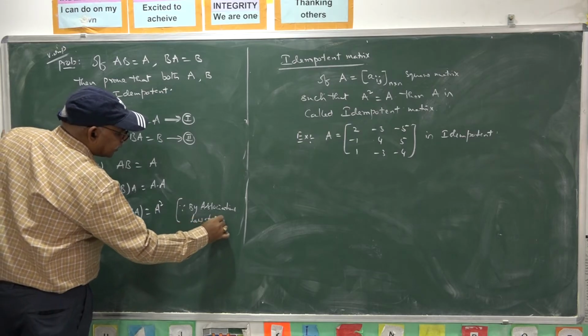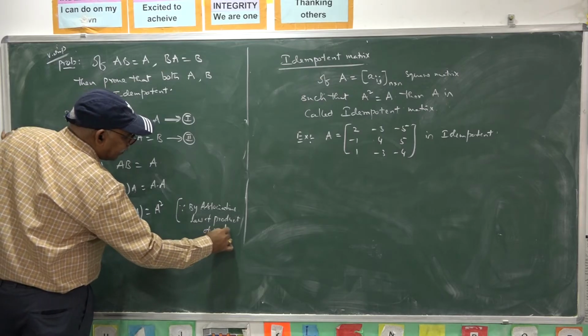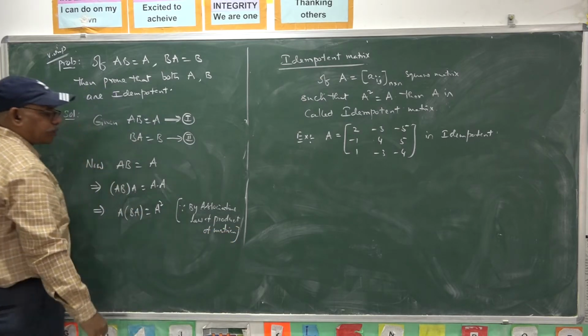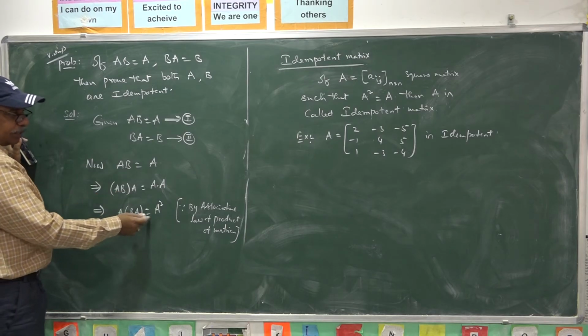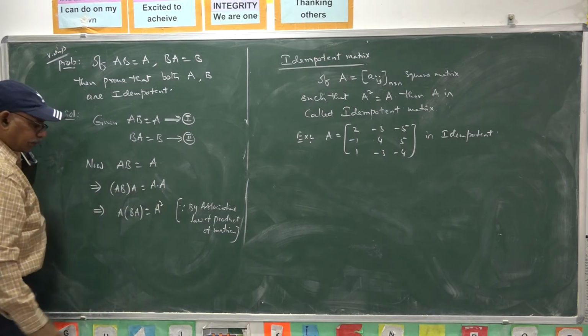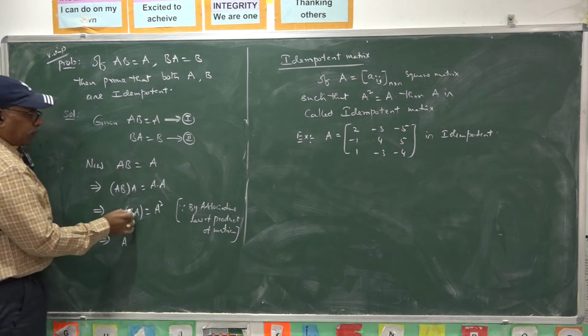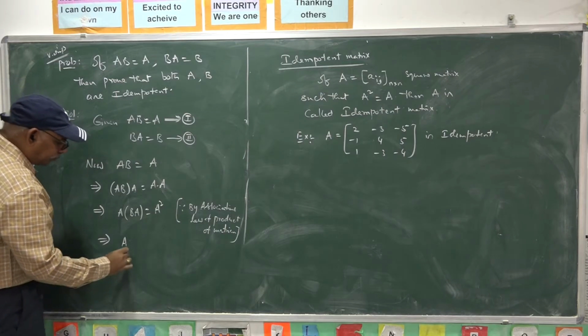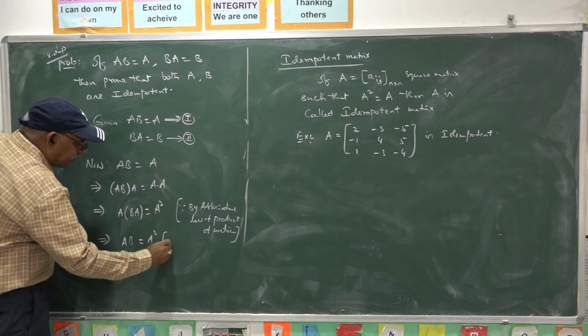By associative law of product of matrices, you can write AB into A as A into BA. Here A into A is A square. That implies A into, but BA equal to B by 2.